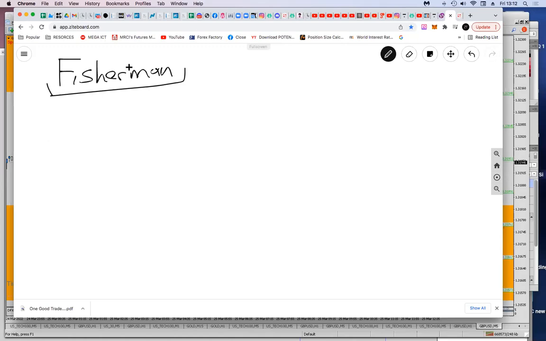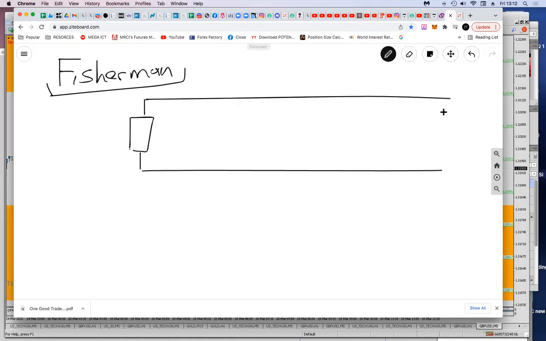So we've got a fisherman mindset. We've got an order block here on the hour or even the 5-minute time frame, and you draw out your box, and then there's price below it.